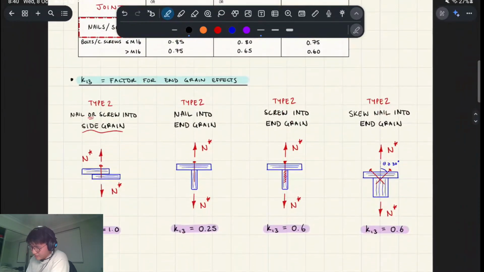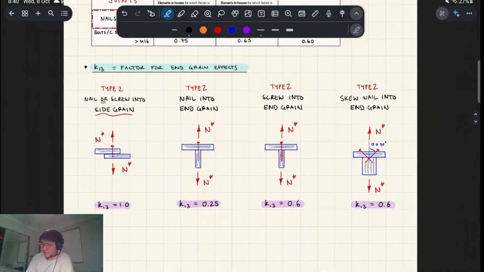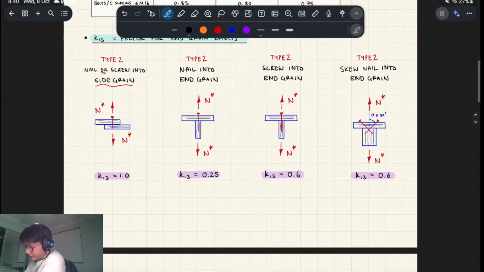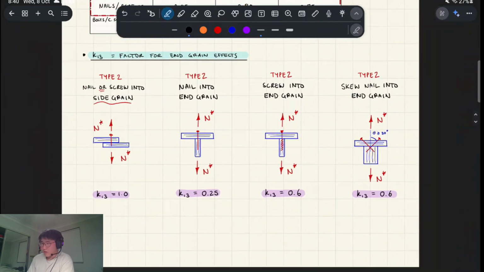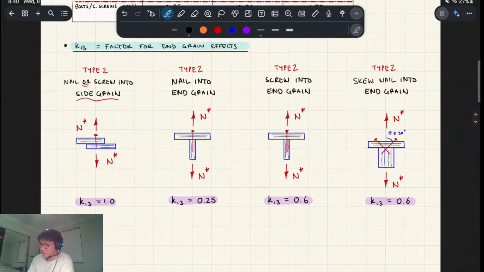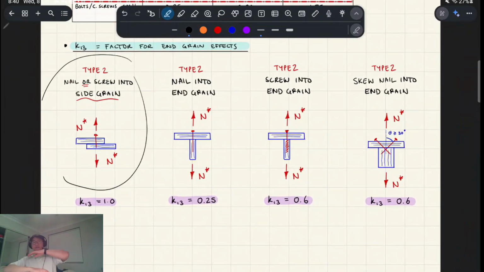So that's how this part of the code works. K13 is different. I know I spent all that time explaining type 1 connection and how end grain was like 0.6 and whatever. Now it varies more depending on what kind of scenario you have. Just like before, the best scenario is if you're in side grain, because then it works as intended.